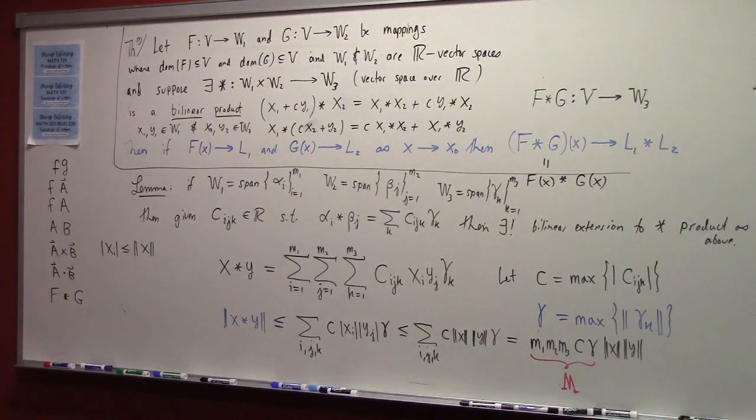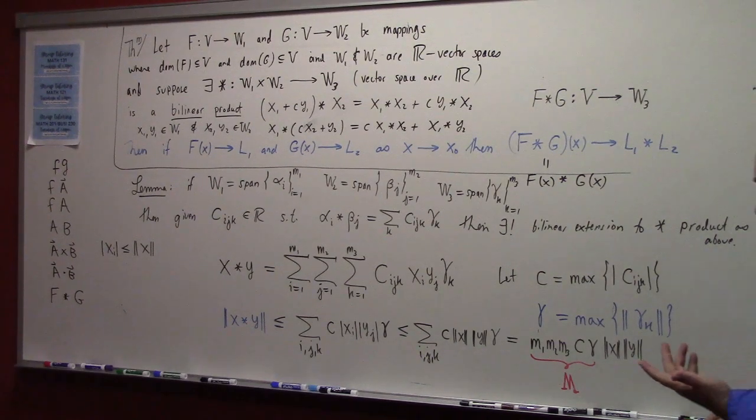excuse me. The whole point of this lemma was showing that the norm of the product of x and y is less than or equal to... Having proved this, to summarize, what does the lemma say?